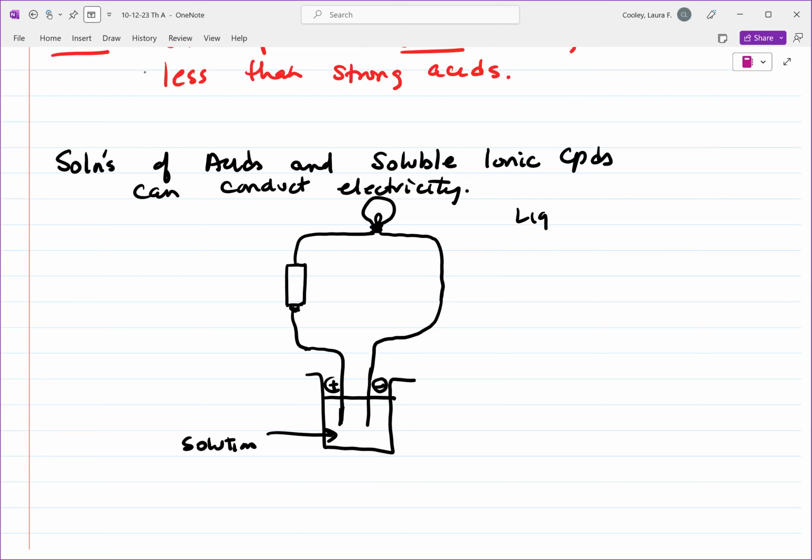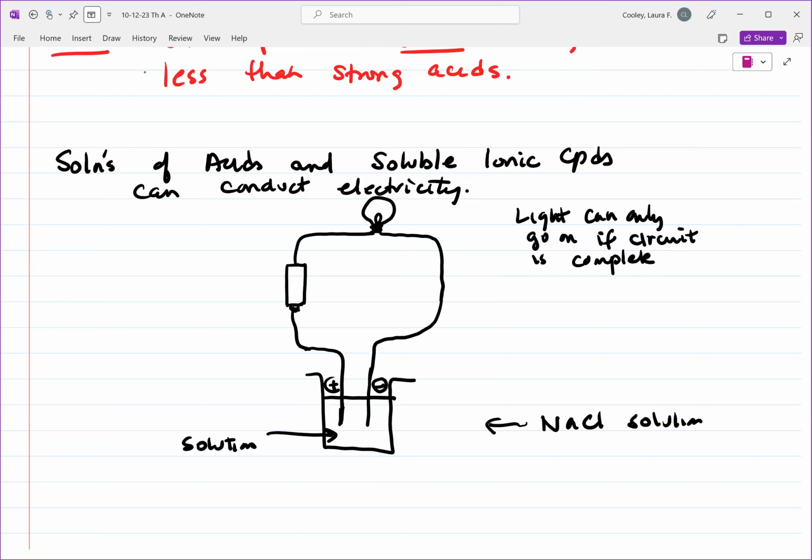The light bulb can only go on if the circuit is complete. So if I take sodium chloride and put it in here, what you see is a bright light from the bulb.